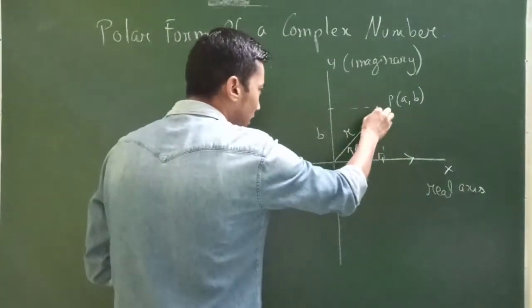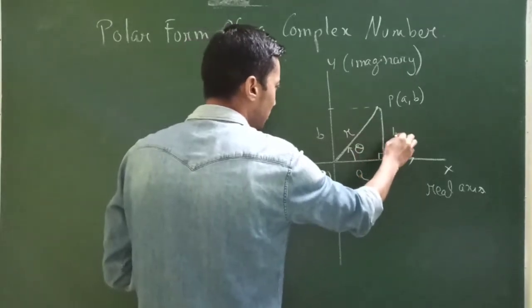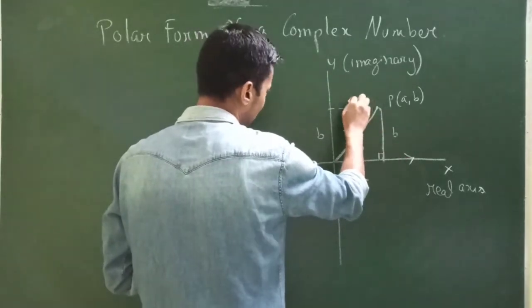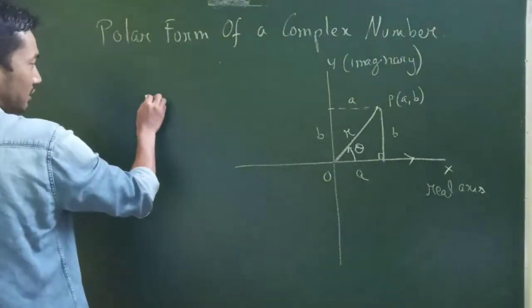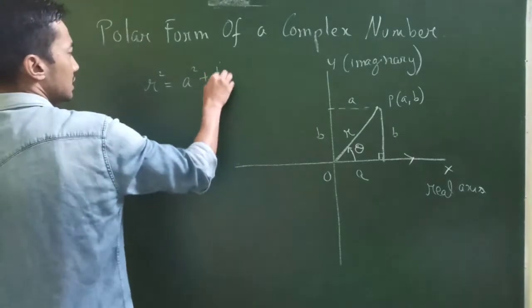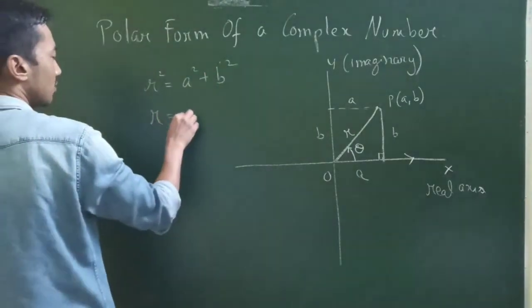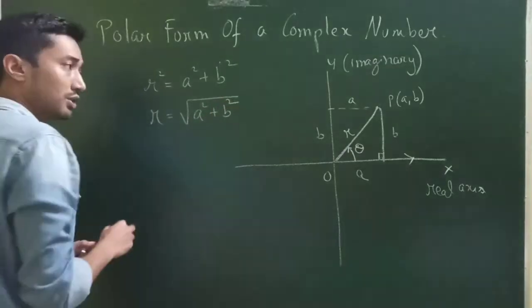In this triangle, I can use the Pythagoras theorem. If this is B, then this is also B, this is A, this is also A if needed. Then r square will be equal to A square plus B square. Or in other words, r will be simply root over of A square plus B square.